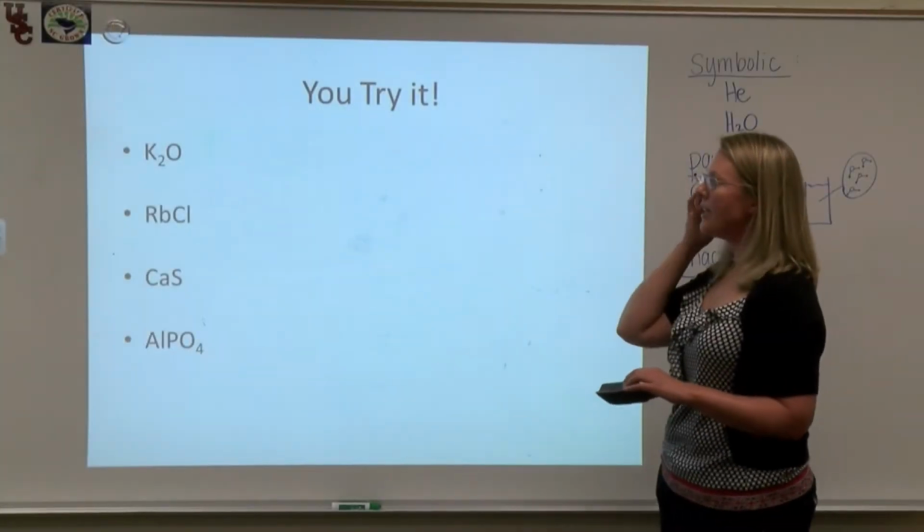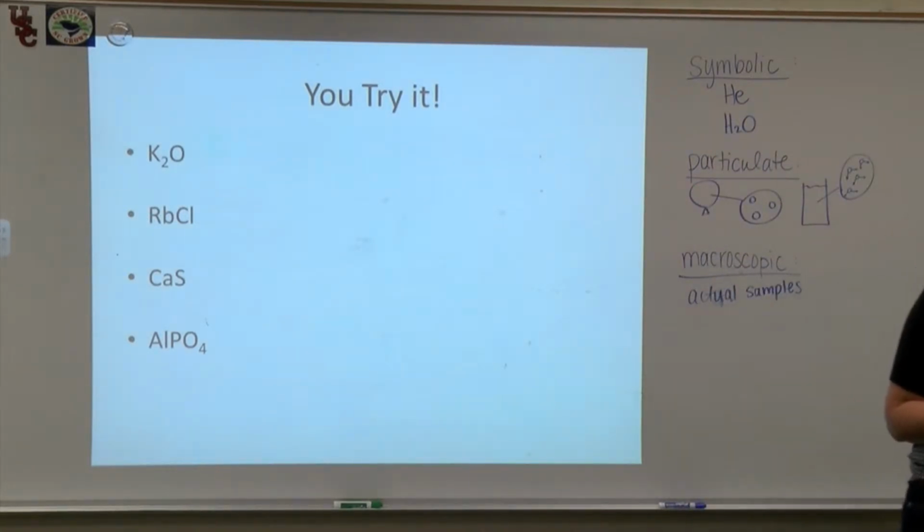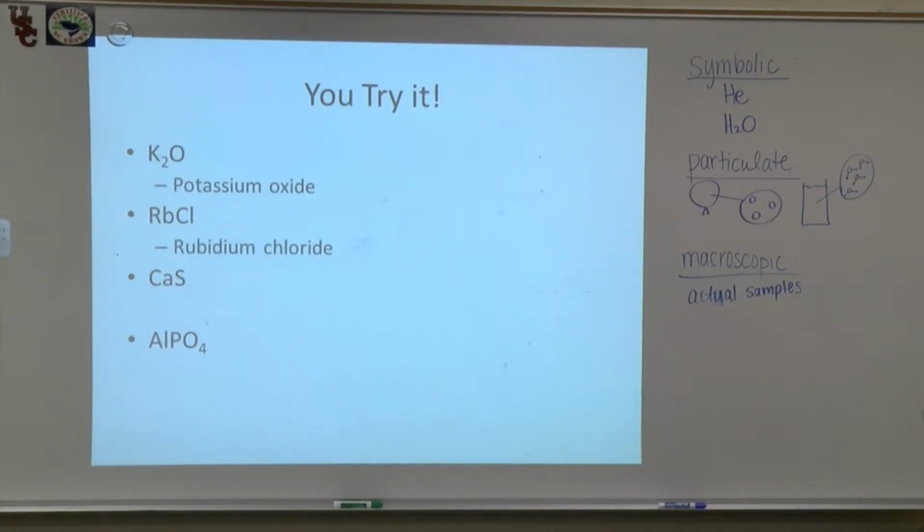Okay, now that you've had time to work on these, let's go through them. The first one's K2O. So you would name your K, which is potassium, and then your O, oxide. Rb is rubidium. Cl will be chloride. Ca is calcium. S you would call sulfide, so not sulfur, but sulfide.